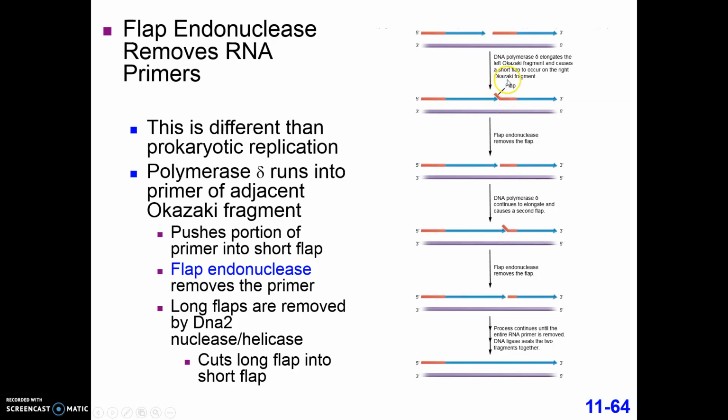And the free exposed 5' end that's hanging out here is subject to the endonuclease activity. So, a little flap will come up, it'll start getting digested away, and we'll continue through that process until we've made it all the way through.